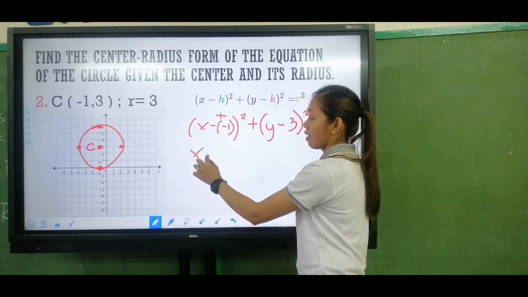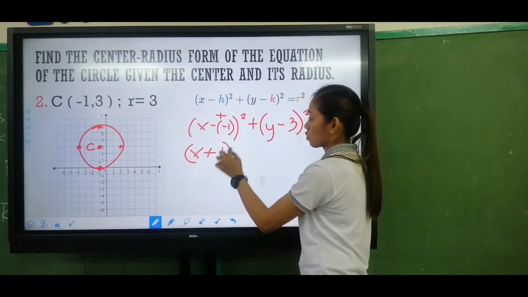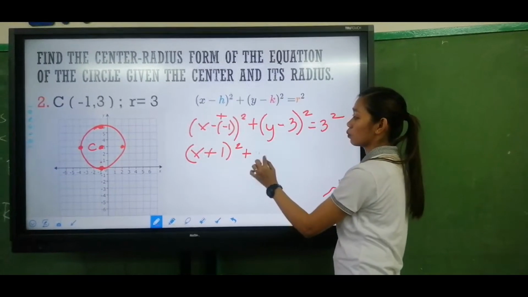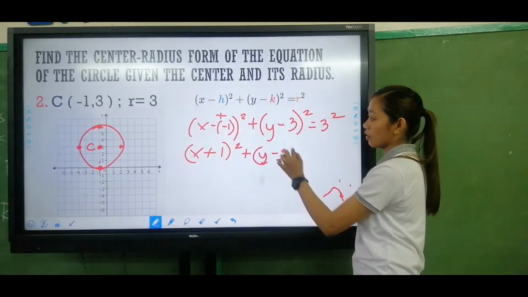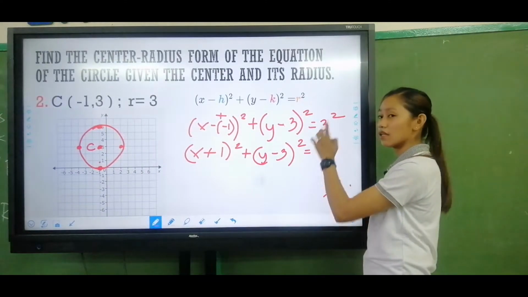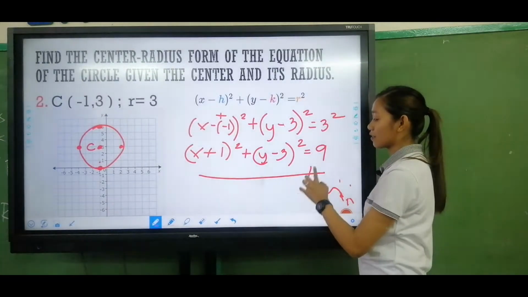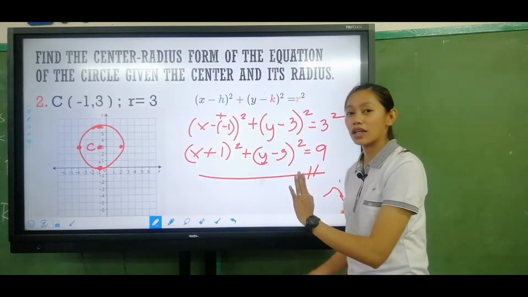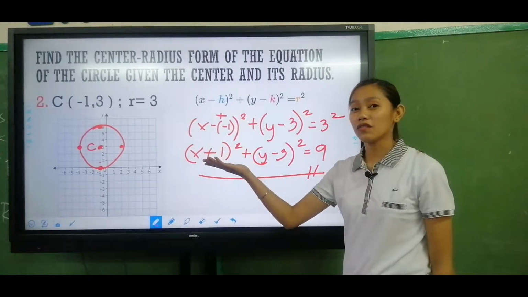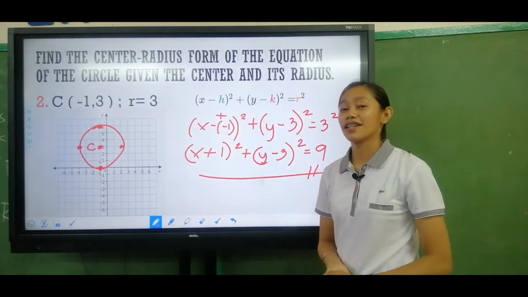So that is (x + 1)² + (y - 3)² = 3². 3 times 3 is 9. So this is our center-radius form of the equation of the circle given the center (-1, 3) and the radius 3.